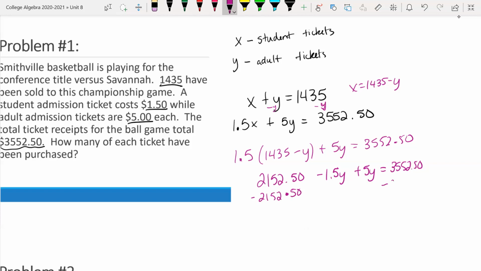So then I'm going to subtract $2,152.50 over and combine like terms. Combine my y's, I get 3.5y equals 1,400. And then we're going to divide by 3.5.